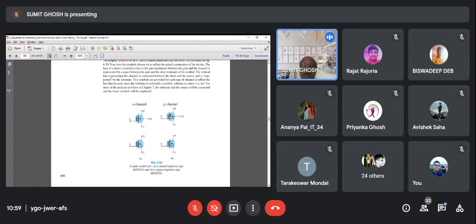And between this is the channel, P-channel. So this is the P-channel, and the substrate is N. So the arrow is in the opposite direction compared to this. So the symbol is the same for both except the arrow on the substrate. If the arrow is pointing towards the channel, that means N. If it is pointing out of the channel, it is P.